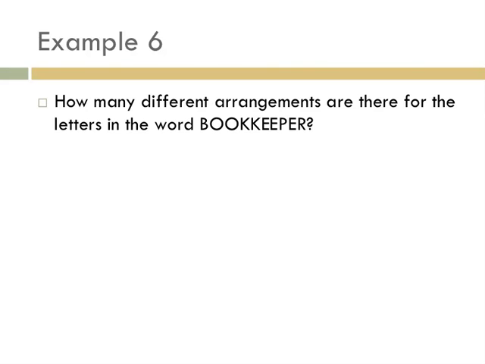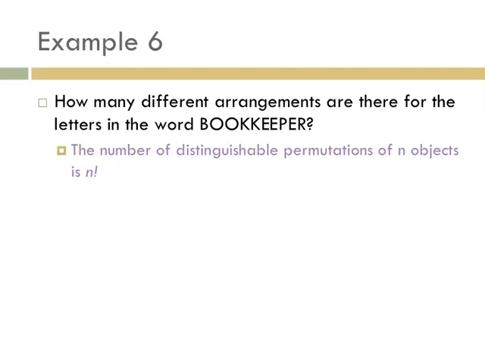So in order for us to do this, we'll start off by first taking all of the objects. We're arranging all of these letters, right? So the number of permutations of n objects is going to be n factorial.